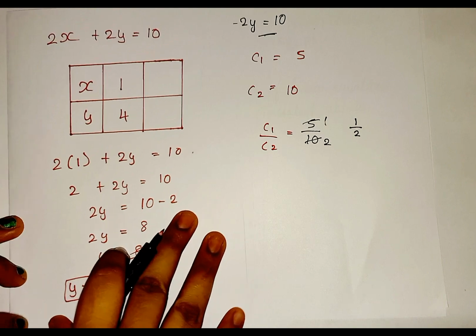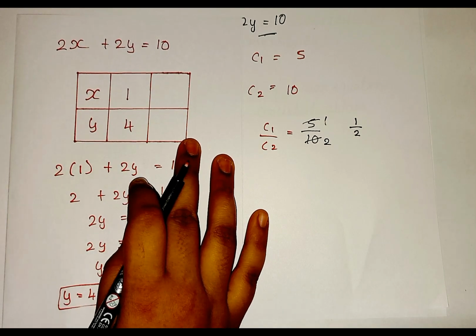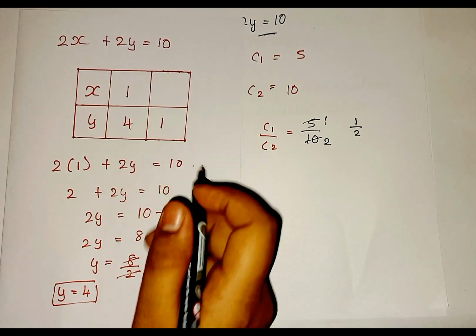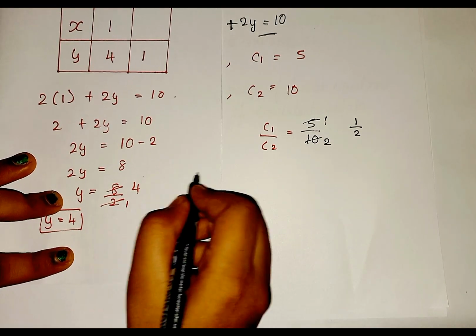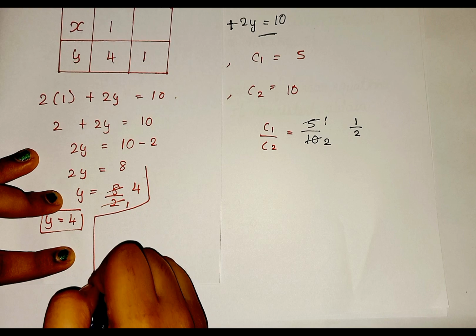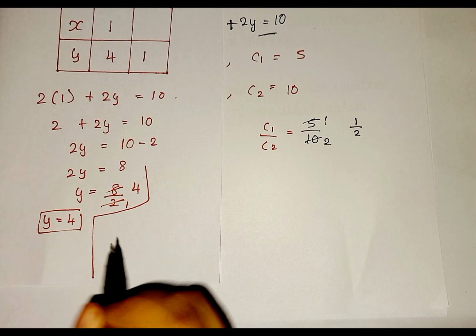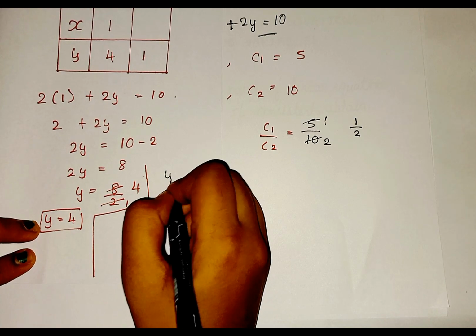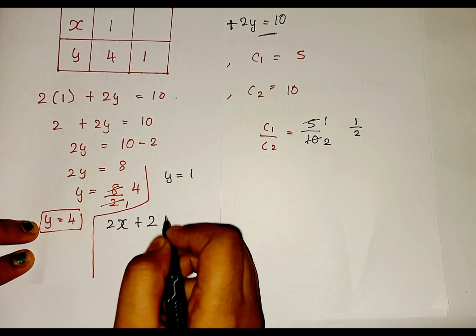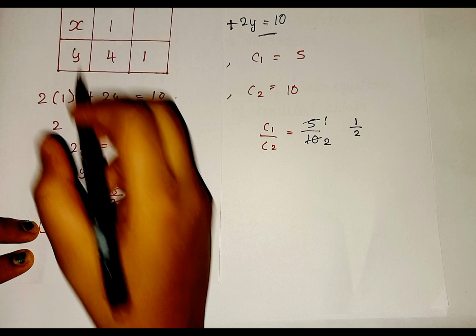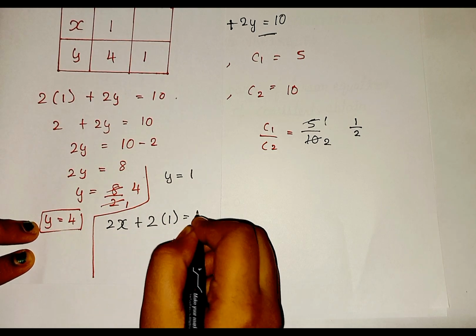Okay, so now I am going to take y as 1. I don't have space, so I am doing it here. So I am going to take y is equal to 1. So 2x plus 2, in the place of y I am supposed to substitute 1, is equal to 10.